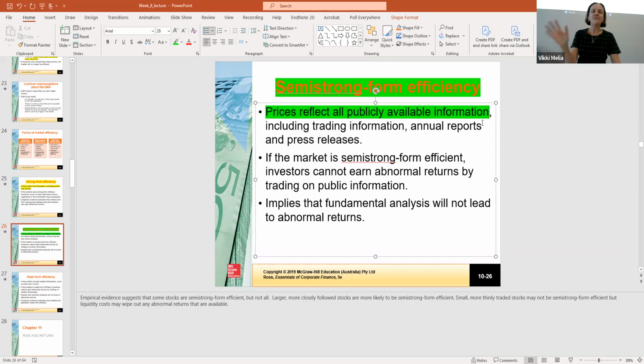So all information about the company that has been announced to the public, anything they've included in their annual report, anything they have included in a press release, all of that information has been analysed by investors and it's reflected in their current asset prices.